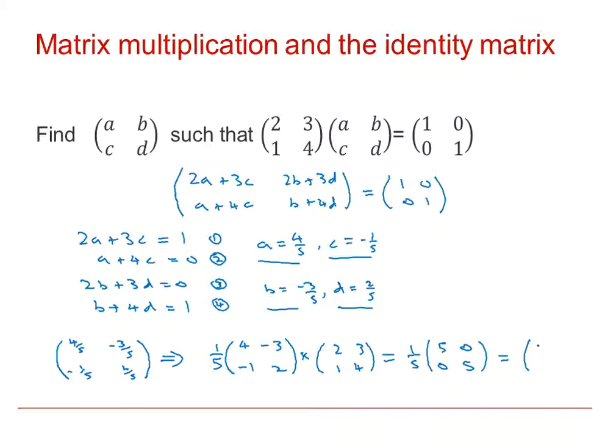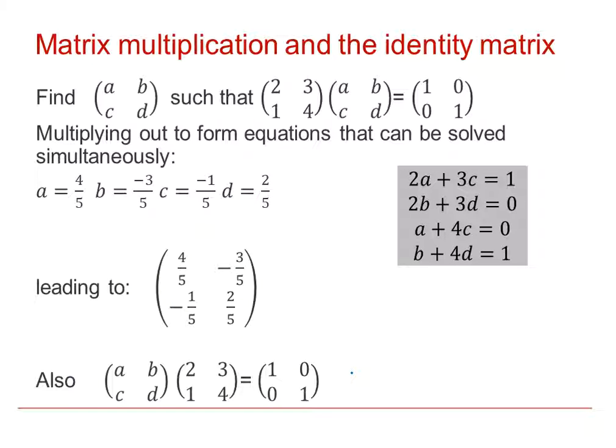So we do indeed get the identity matrix. It's also worth noting here that if we multiply the original matrix by ABCD, we get the same answer as ABCD times the original matrix. So we can see the solution there, and we can see the multiplication of the matrices at the end.